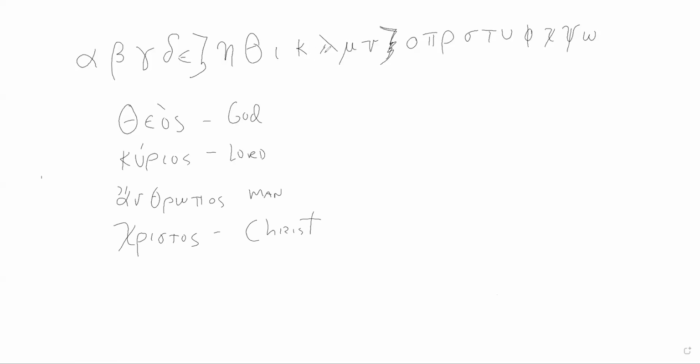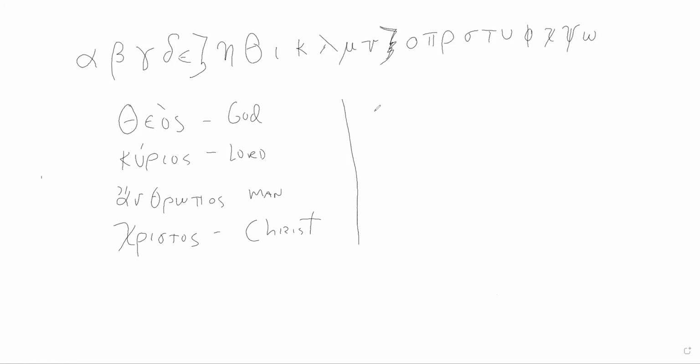We don't have the lambda, but we do have the nu, the omicron, pi, and rho, and sigma, and tau, and upsilon. We don't have phi. We do have chi. We don't have psi, but we do have omega. So we have more than half in just 4 words. We have more than half of the alphabet that we can tell.